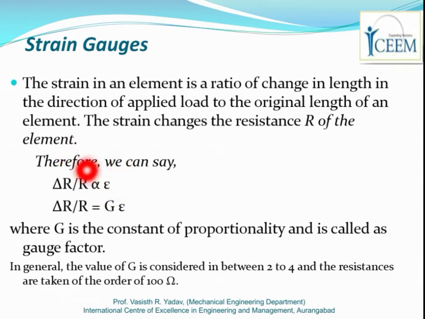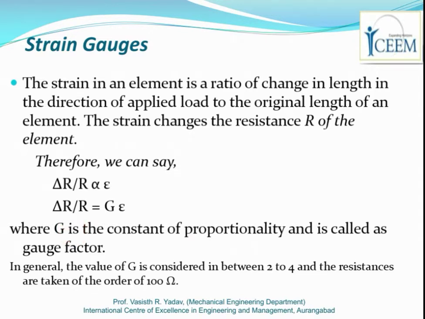Delta R upon R, that is change in resistance upon original resistance, will be directly proportional to the strain, or when we remove the proportionality sign, we introduce a constant of proportionality G. So delta R upon R equals G into strain epsilon, where G is the constant of proportionality and is known as gauge factor.